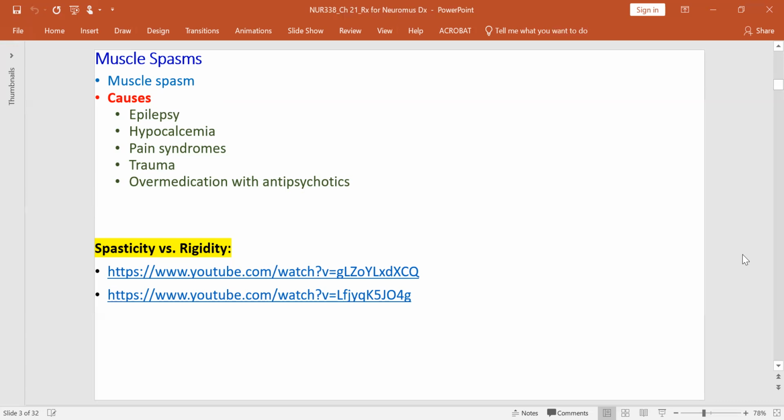Patients with muscle spasms may experience inflammation, edema, and painful sensation at the affected skeletal muscle. They may also complain of loss of coordination and reduced mobility.